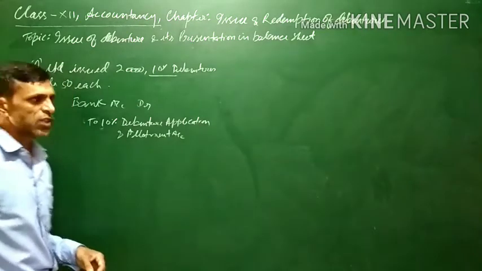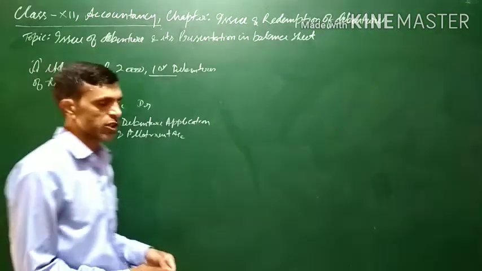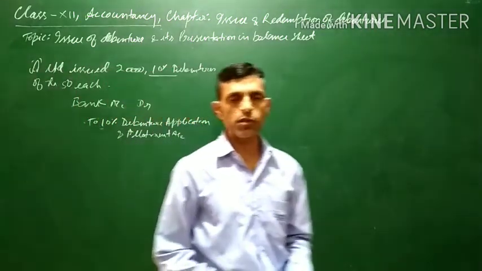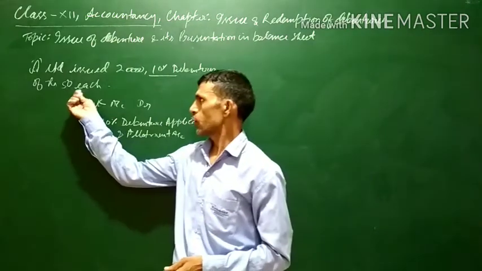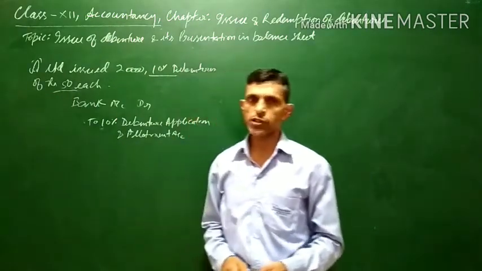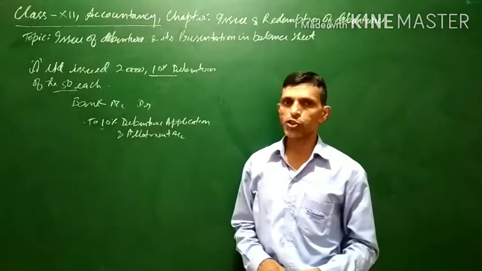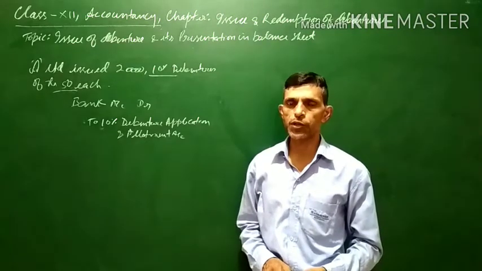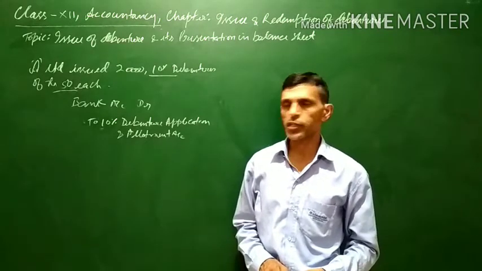Now, one more thing: since nothing is given in the question regarding the face value of the debenture, whether it is called in installments or not, we are assuming here that the whole amount of rupees 50 has been called up at the time of application itself.